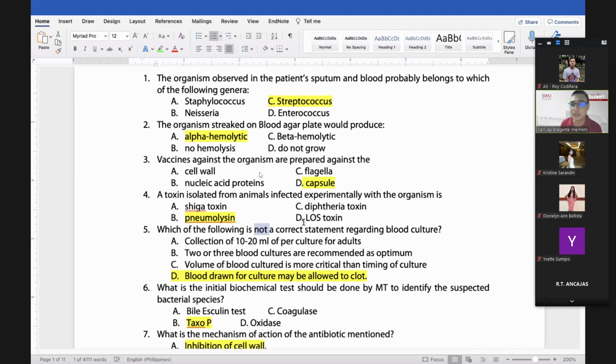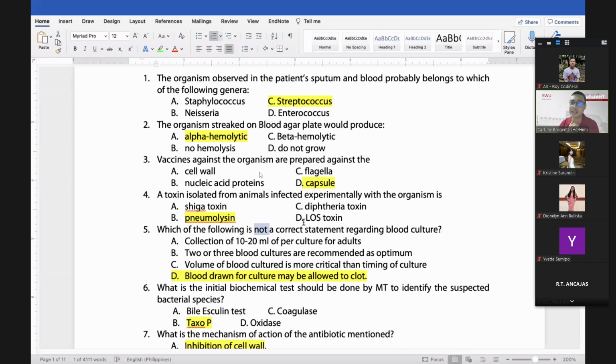The blood culture should be collected either before sang antibiotics ideally or after sang antibiotics, pwede pa din kasi yung blood culture bottles nyo, remember, meron siyang antibiotic removal device. So pwede siya na mag-collect kahit meron pang antibiotic.